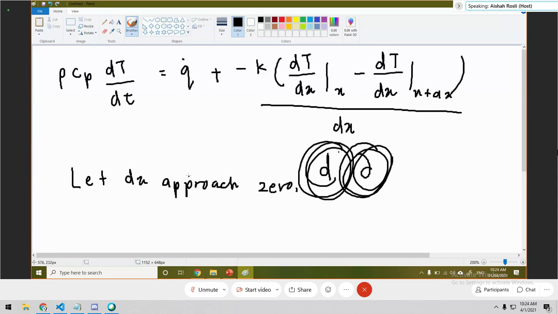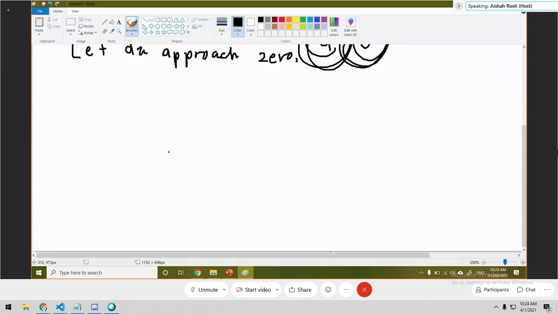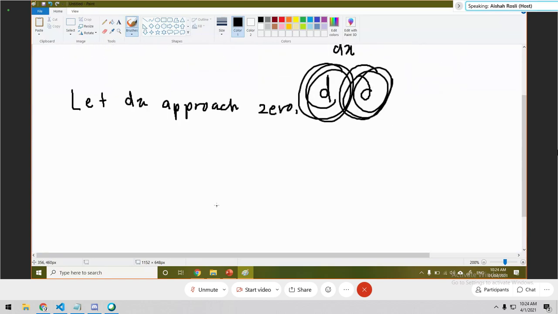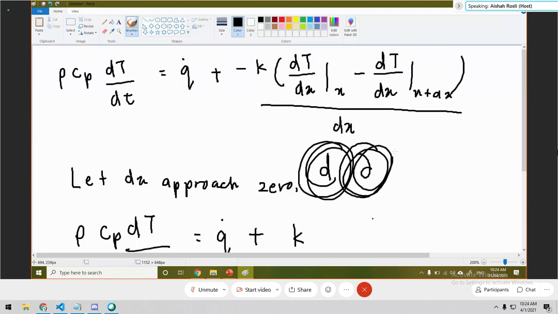So in this case, we will be left with rho Cp dT over dt equals q plus k, and then this 1 over dx, we simply bring it out over here.